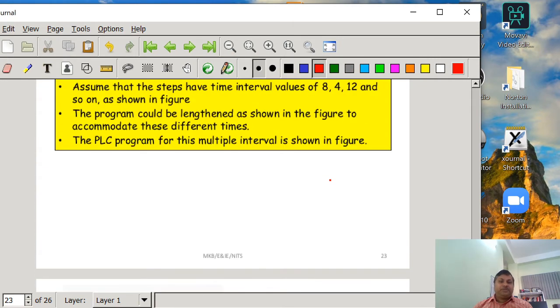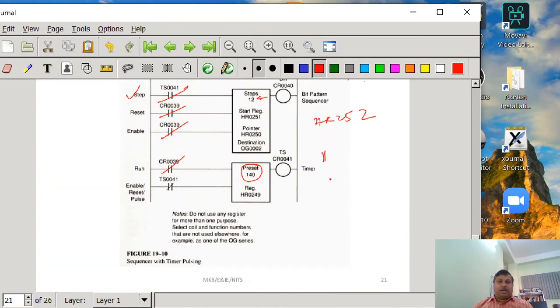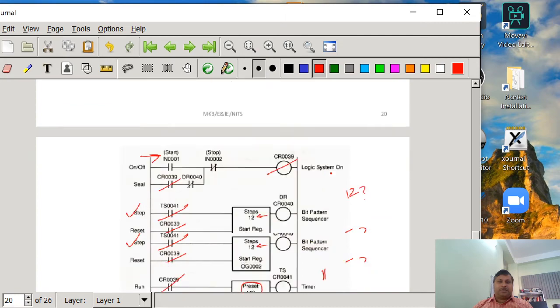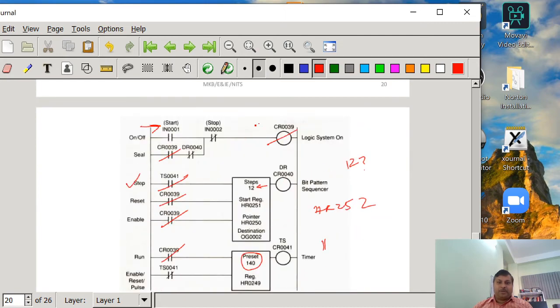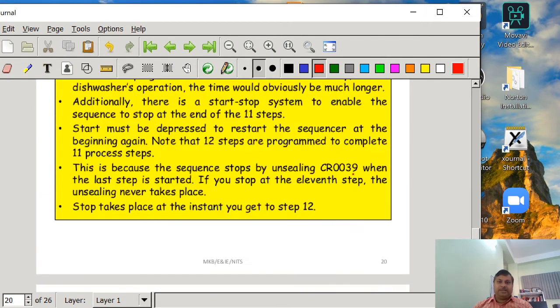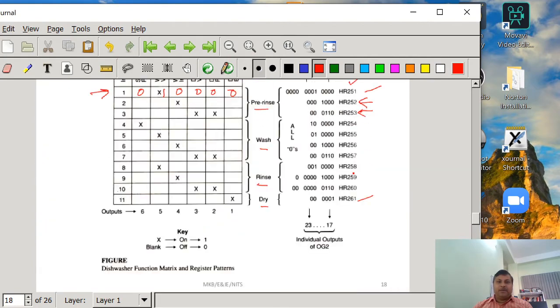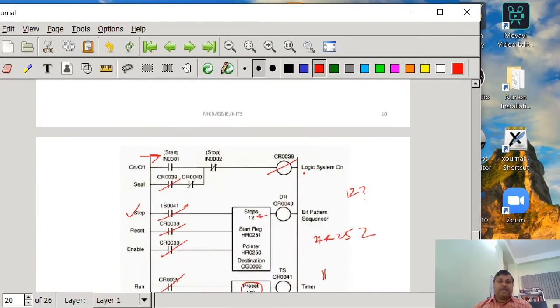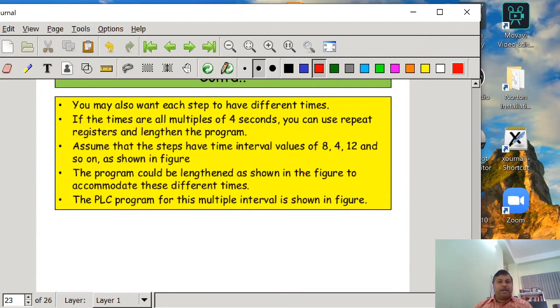Previously our time length was equal, 140 seconds, so we took 11 registers where the patterns were written. But now suppose we want to execute each of the steps for a multiple of 4.